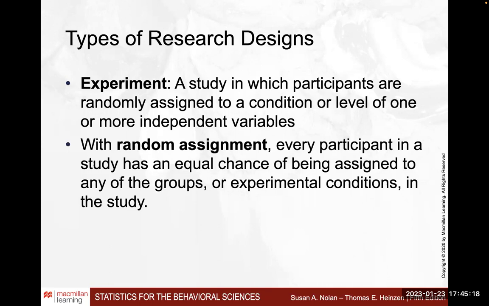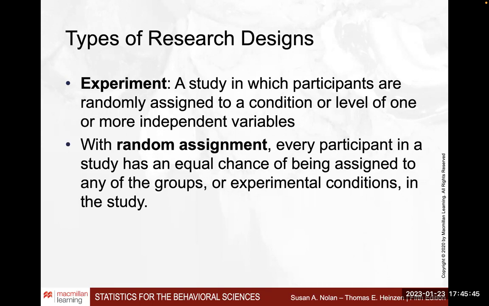Why do you want to do that? Because you want to take out confounders. Because if you have somebody self-select into a group, and says, I always had high blood pressure, and I'm 70 years old, and I really need this blood pressure medication, you're going to have a group of intervention patients that all are older, all have high blood pressure, purportedly, and all want that blood pressure medication.